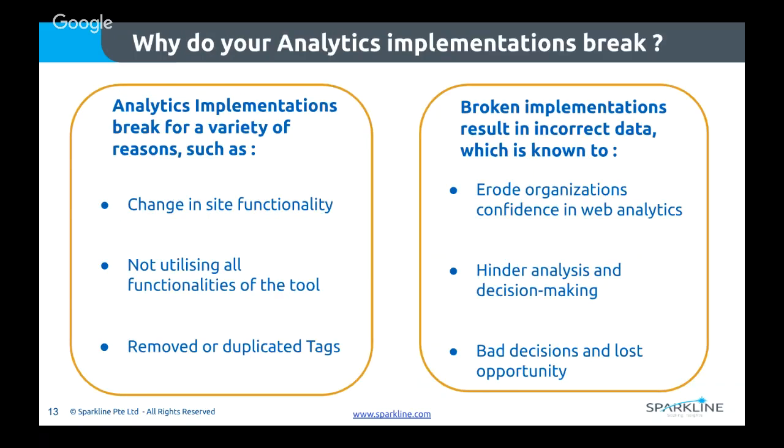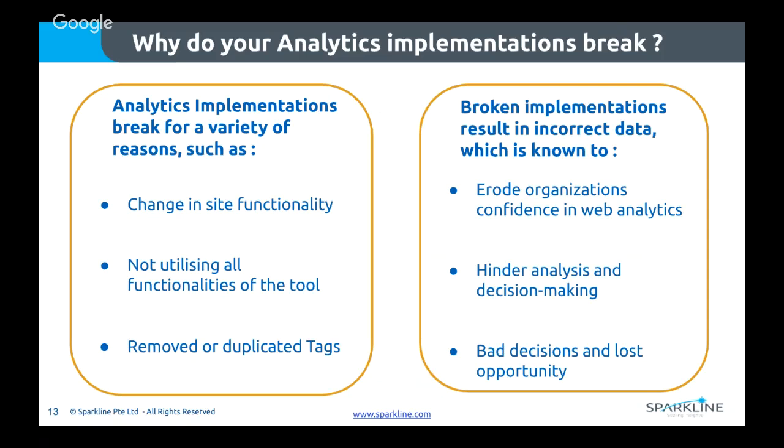How does this relate to your analytics implementation in particular? So, if there are top three reasons for implementations breaking, it's actually changing in site functionality, not utilizing all functions of a tool that you're using, in particular, for example, Google Analytics.